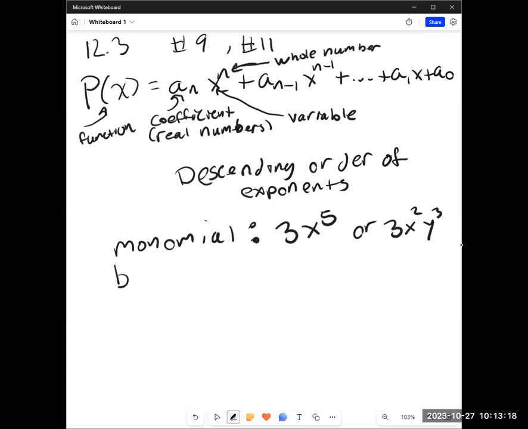A binomial, though, is going to have two terms. So this is one term. Mono means 1. Bi means 2.